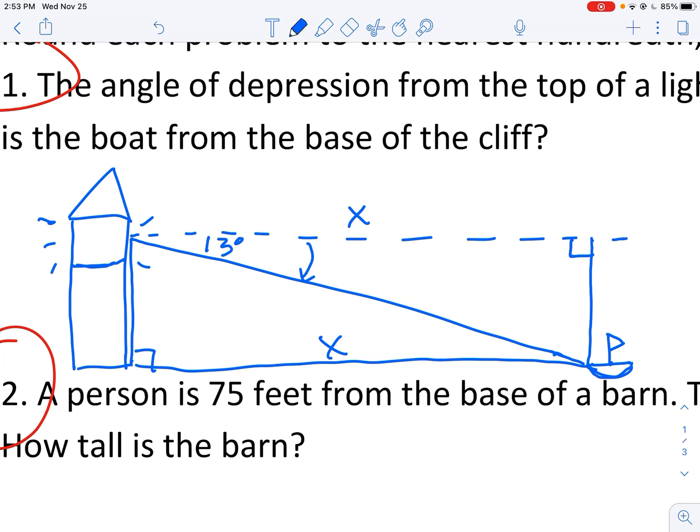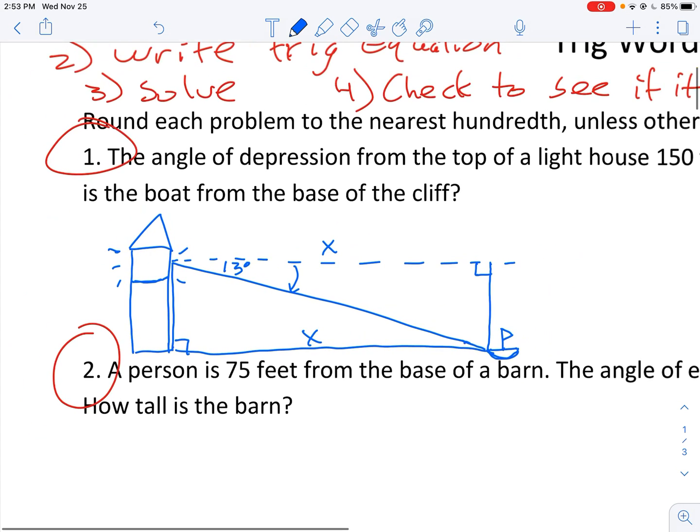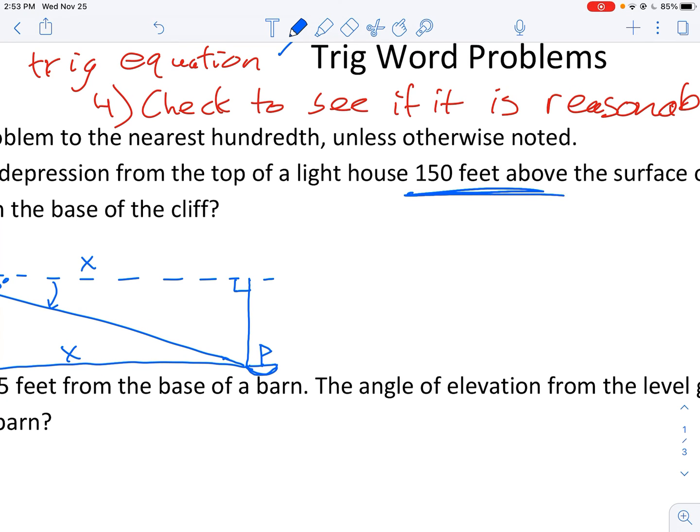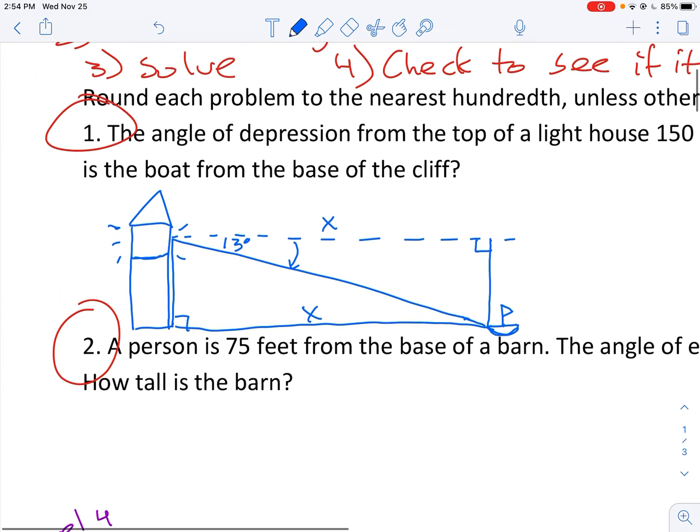And now my angle is inside my triangle. You'll want your angle inside the triangle, whichever one you're drawing, so you can get your missing length. So I need to get this top one. And I don't currently have this labeled, but luckily, in the problem itself, it tells me that the lighthouse is 150 feet above the surface of the water.